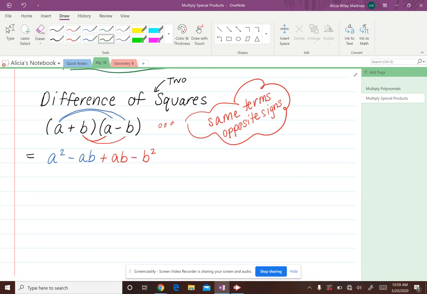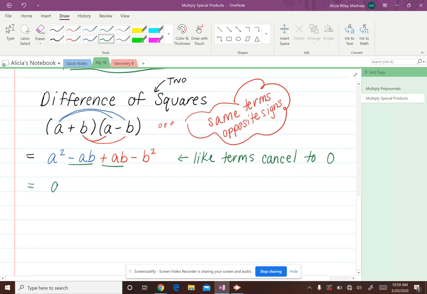Again, you want to make sure that you combine like terms. What's really unique in multiplying a difference of two squares is what happens when you combine your like terms. They cancel out to 0. We're not going to write 0AB, because that's not simplified.